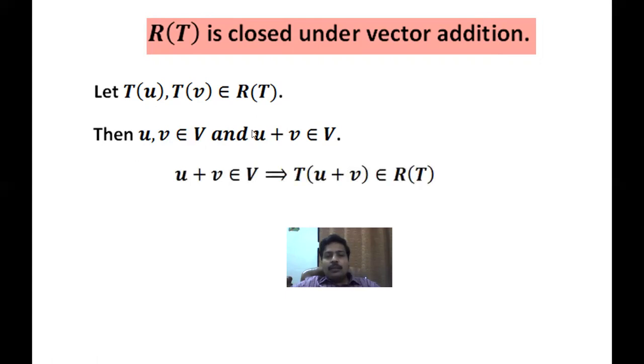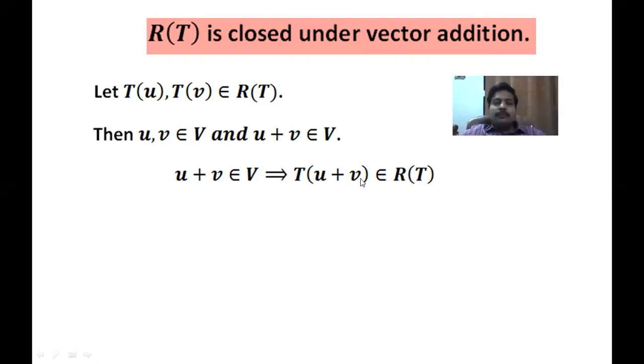u plus v belongs to V implies T of u plus v belongs to range of T. Whenever a vector is in V, its T image is in range of T. But T of u plus v is equal to T of u plus T of v, since T is a linear transformation.